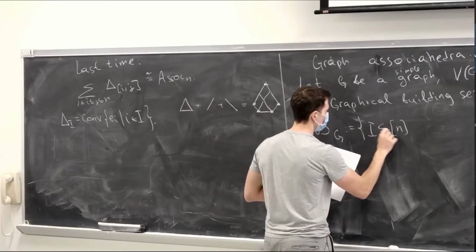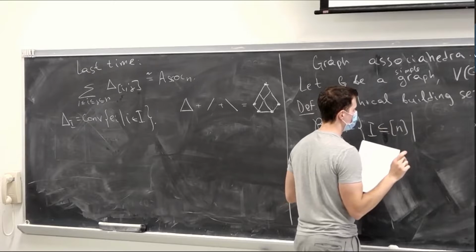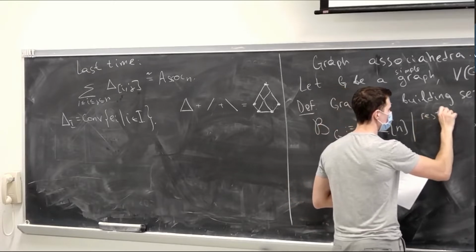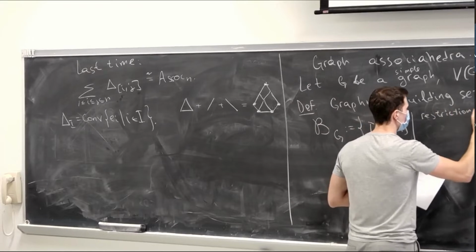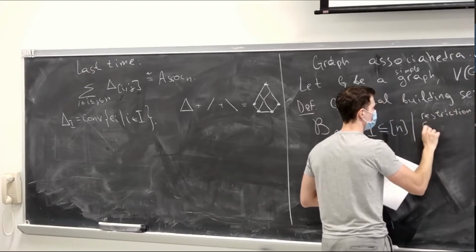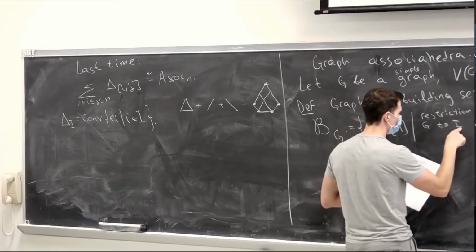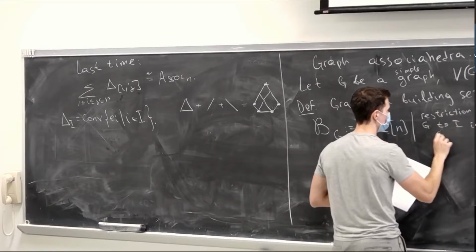It's the set of all subsets I such that the induced subgraph on vertex set I is connected.